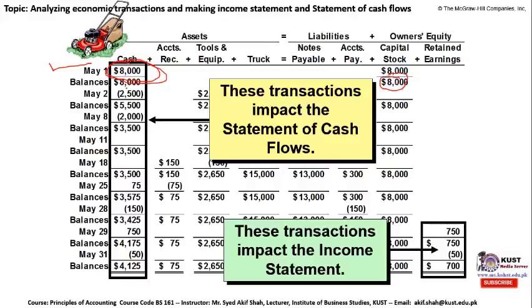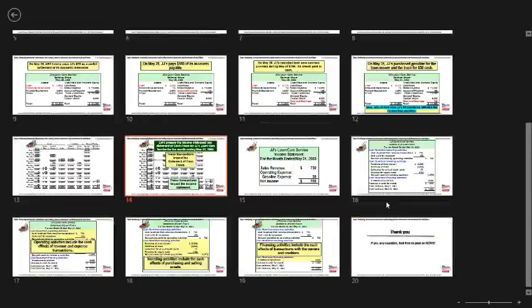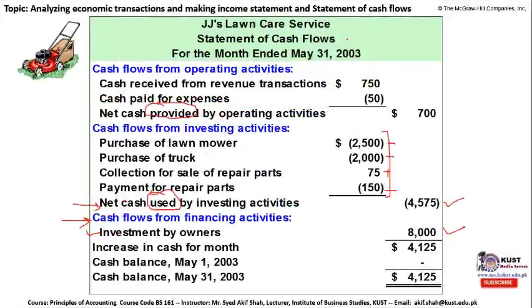But since this was in the form of cash, we are going to mention it in the cash flow statement. This represents that only those economic transactions which are in the form of cash must be reported in the statement of cash flow. So this represents the $8,000 of cash inflow by the owner.